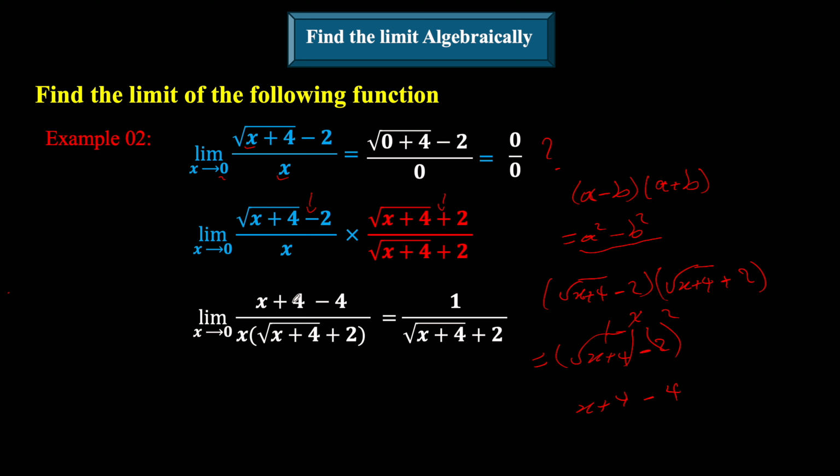So here you see 4 minus 4 is equal to 0, so this disappears. We have x divided by x, so it is 1, okay? So we have now 1 divided by the square root of x plus 4 plus 2. This we didn't change, okay?